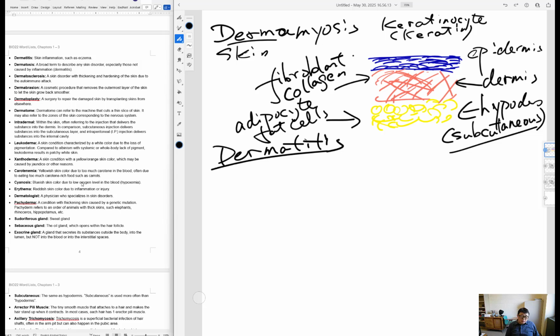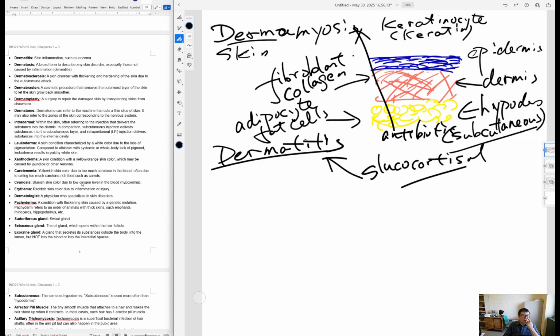Dermatitis is mostly maybe an autoimmune response, but for most of those we don't know exactly. You treat those infections with antibiotics, but you treat dermatitis with glucocorticoids. So, there are different treatments.